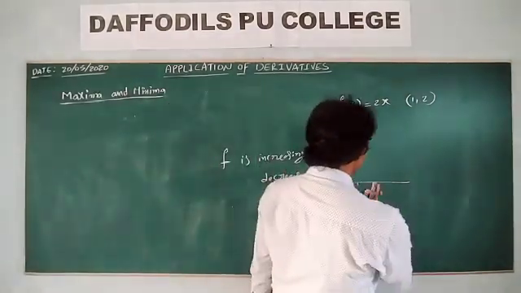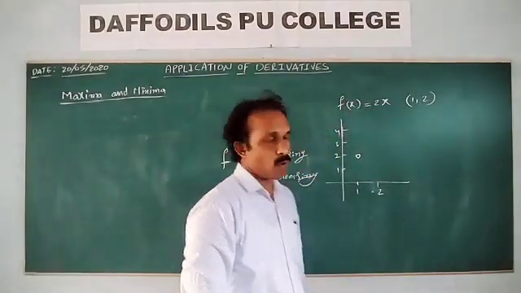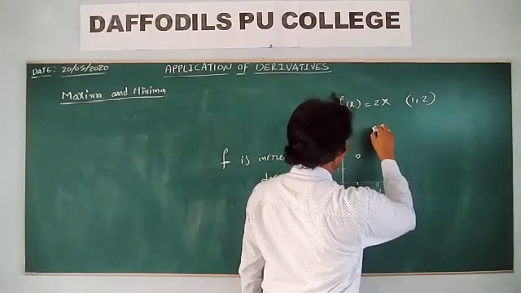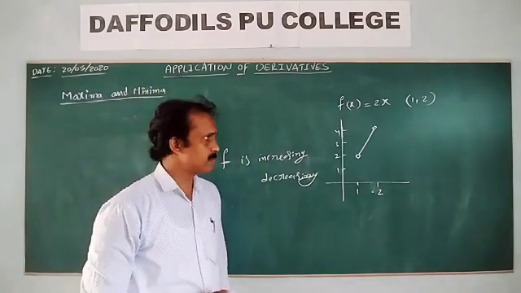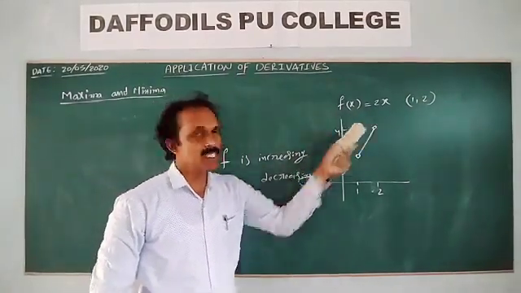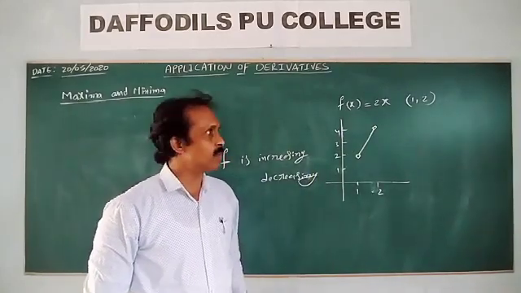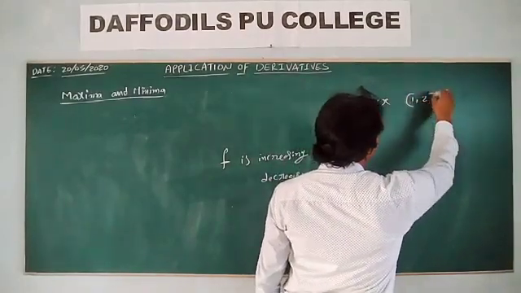What about 2? Suppose we take 2, what is the answer? 2 twos are 4. This is an increasing function, but it is not possible to decide what the maximum value and what the minimum value is. Suppose we take these as a closed interval.